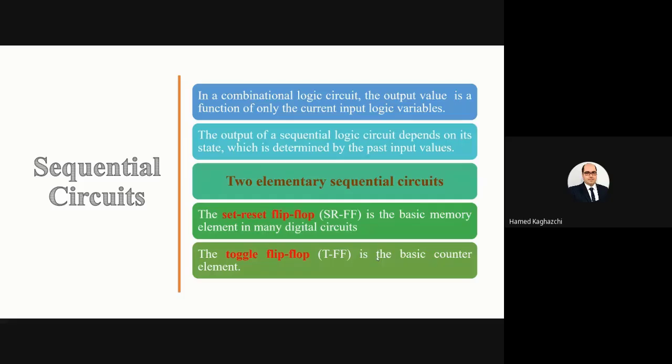It means that we will have a feedback signal from output to input, so that we can determine the past input value and distinguish the value of the output. But in the combinational logic circuit, the output value only depends on the current input value, not the past value.